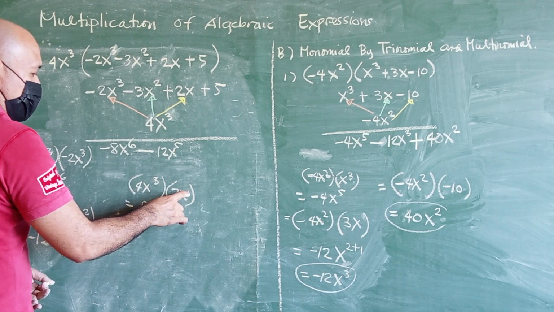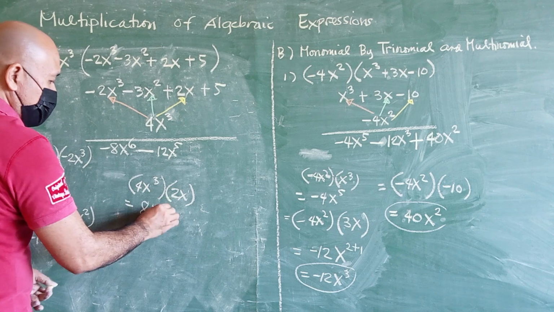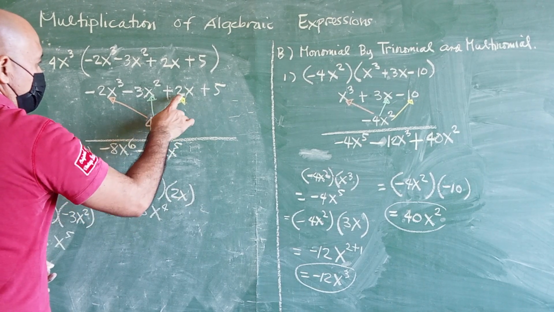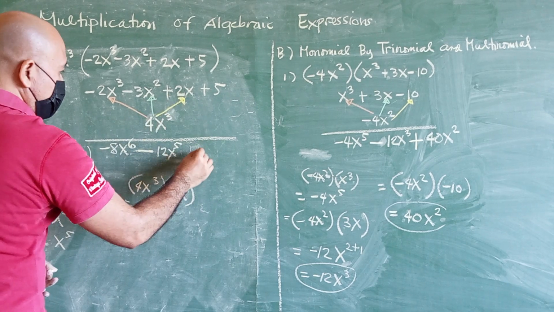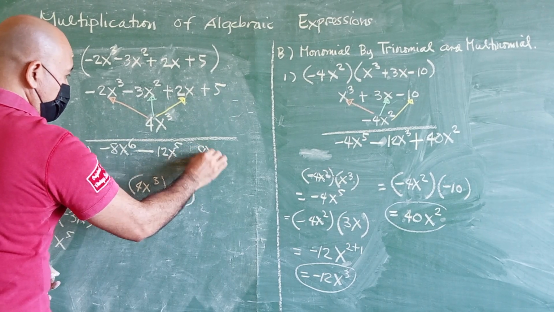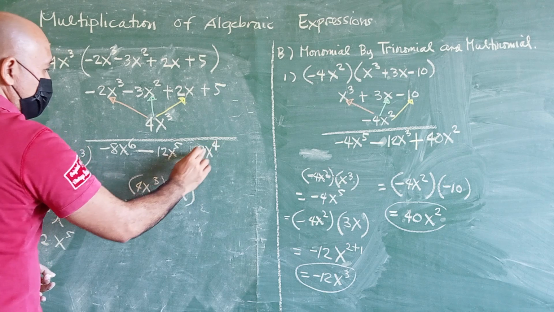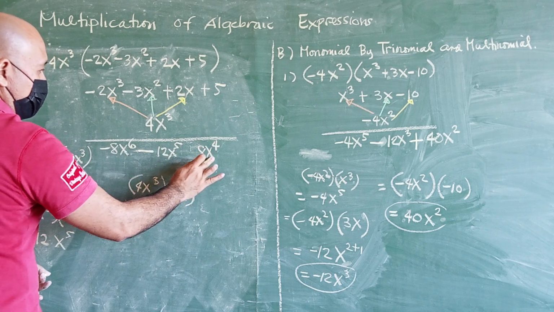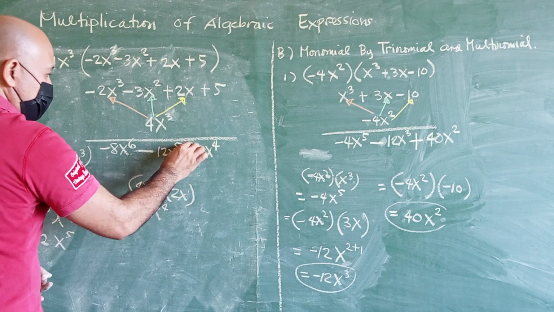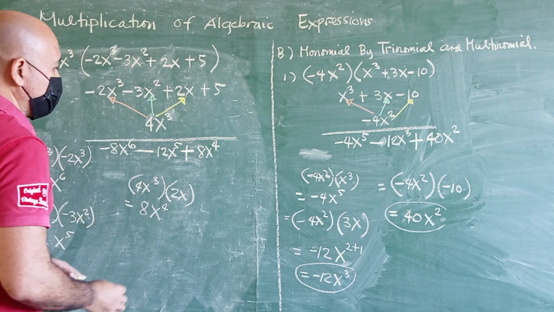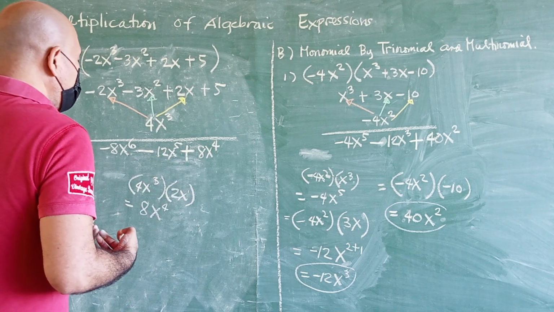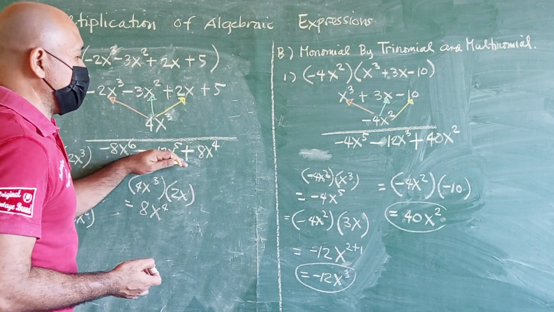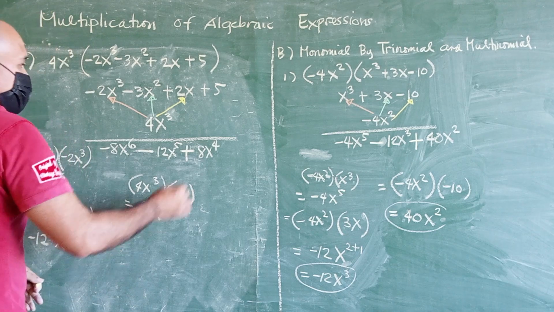Understand that there is always a 1 here. So 3 plus 1 is 4. So therefore, multiplying 4x cubed and 2x, the result is positive 8x raised to the power of 4. Since there are terms before 8x raised to the power of 4, the positive becomes plus also. Always be careful and mindful of the operations between terms.